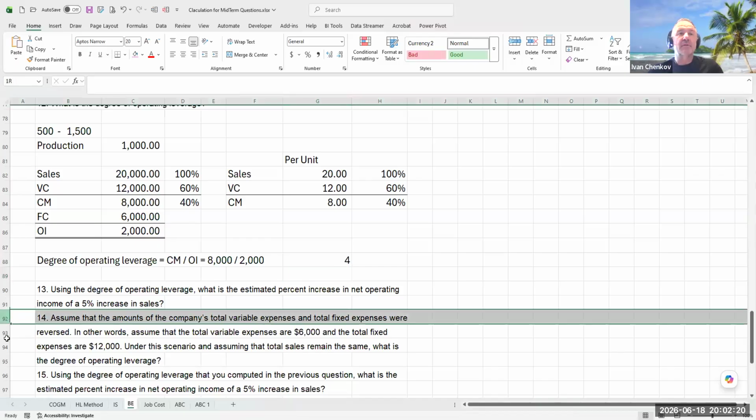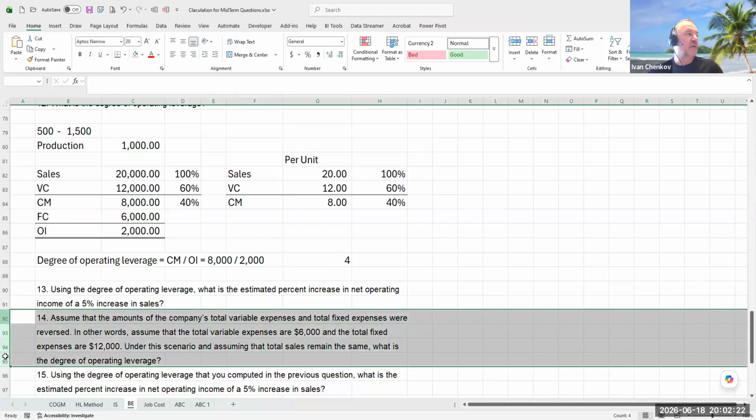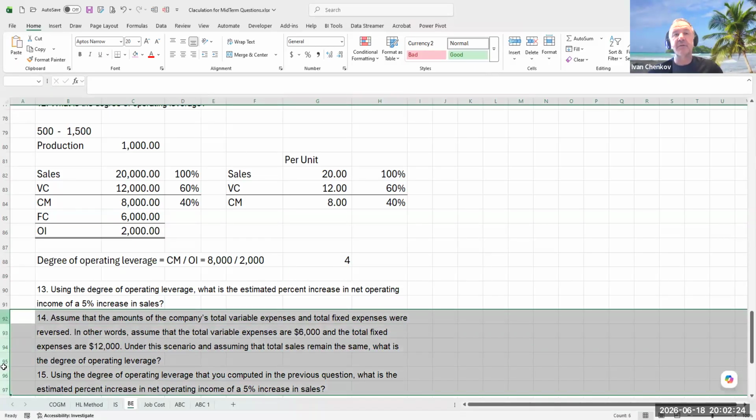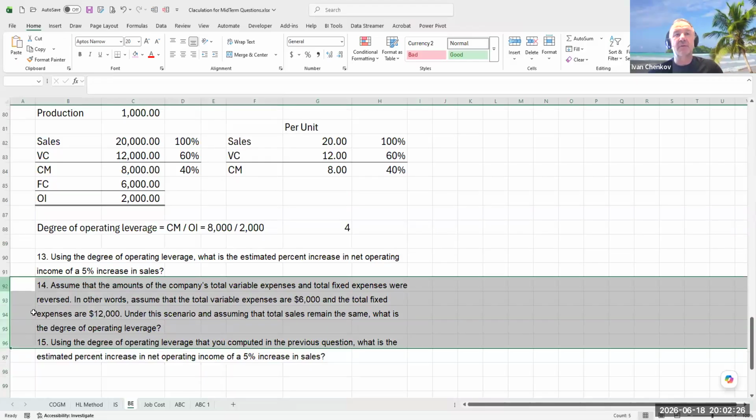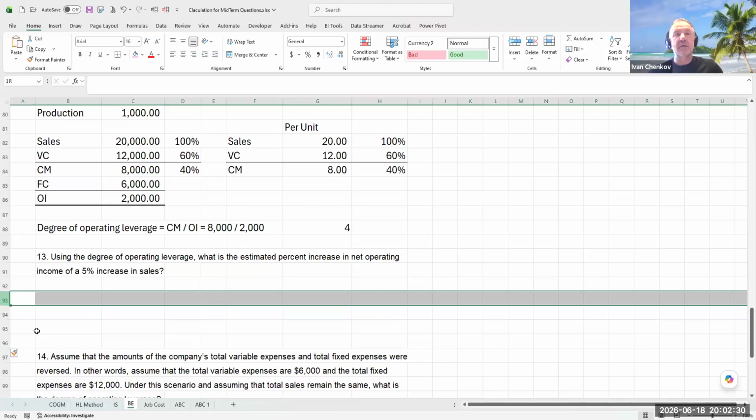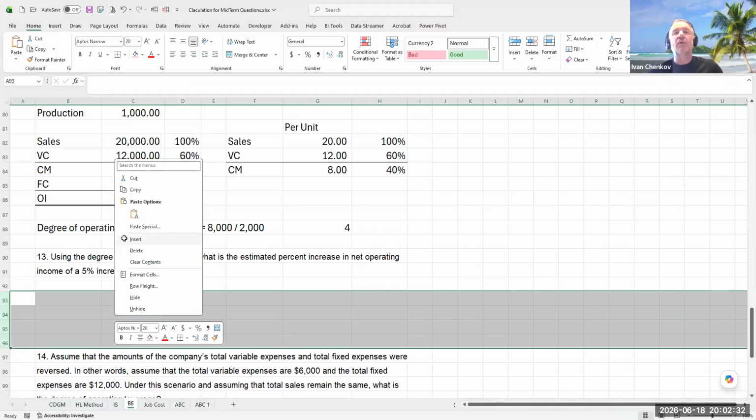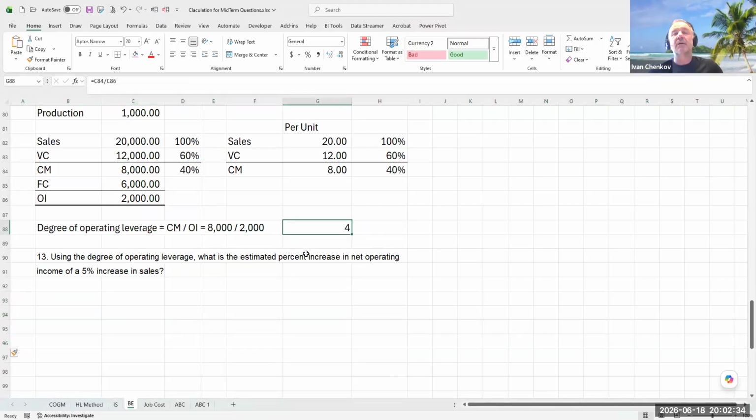How is this going to help us? That's going to help us predict what's going to happen if the sales increase by a certain percentage. So in this case, if the sales increase by 5%, what will be the increase in operating income?